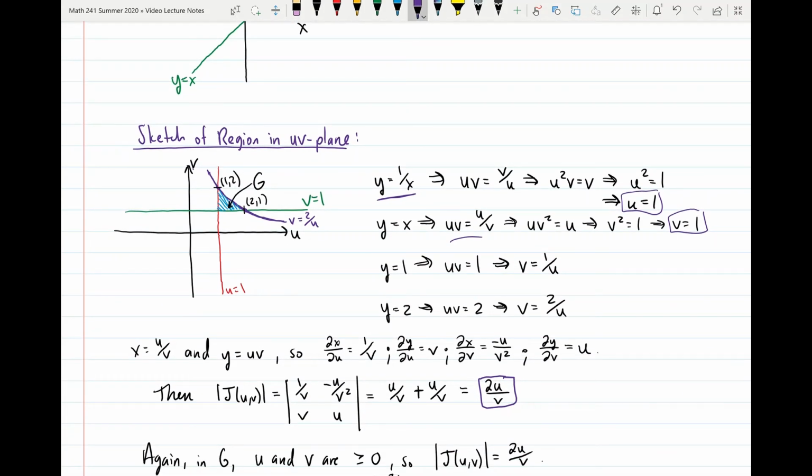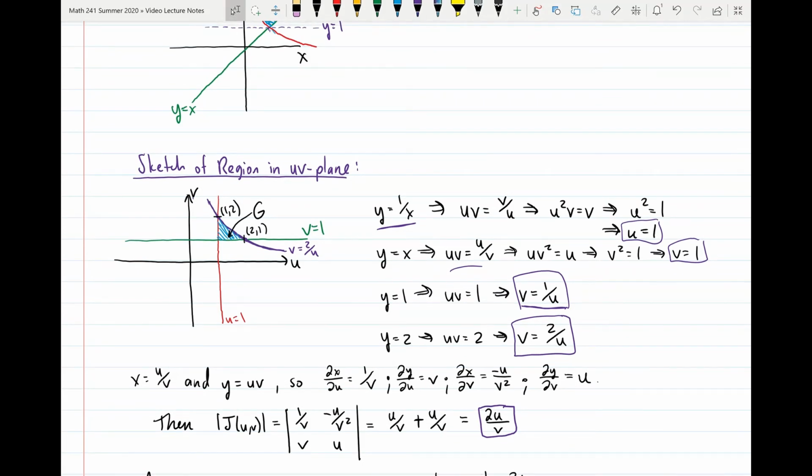So we have that the line y equals 1 goes to uv equals 1, which is just v equals 1 over u. So the line y equals 1 is actually going to go to a hyperbola, and the line y equals 2 is also going to go to a hyperbola. So the line y equals 2 goes to the hyperbola v equals 2 over u. The line y equals 1 goes to the hyperbola v equals 1 over u.